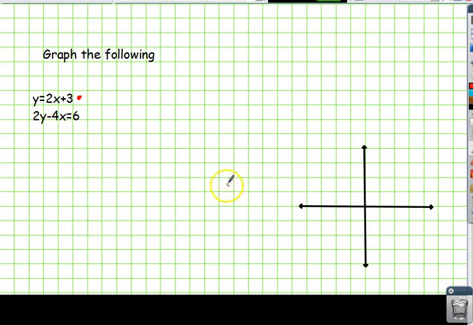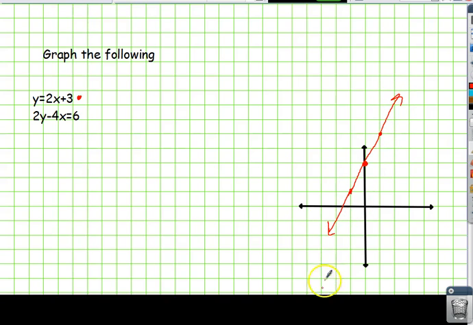My y-intercept is 3. Boom. My slope is 2. So I rise 2, run to the right 1, or I go down 2 to the left 1, because those two negative directions will make a positive slope still. And then I graph my line. Sound effects optional.